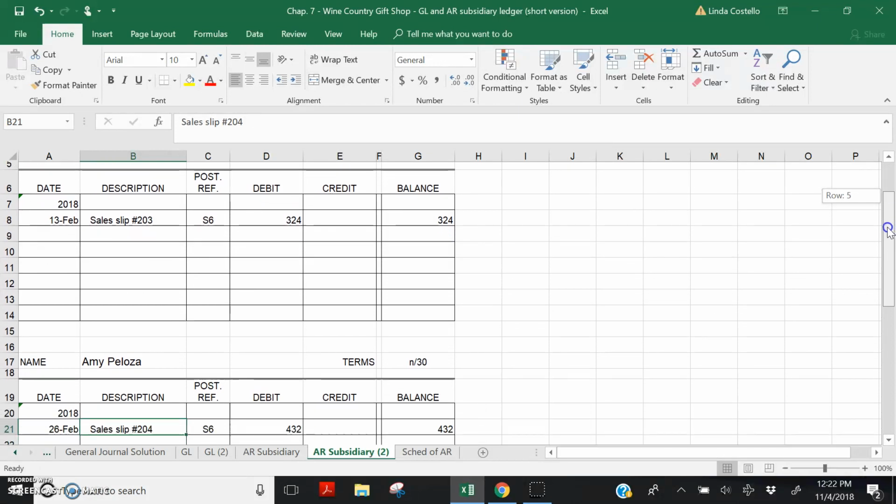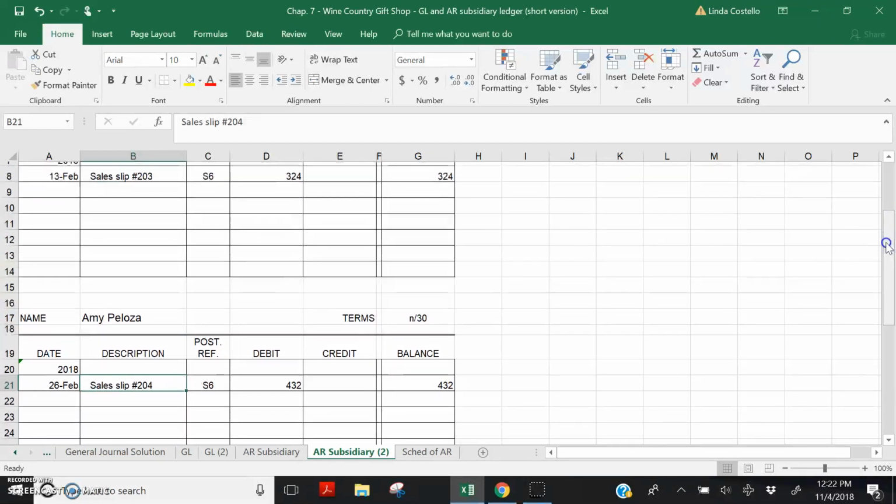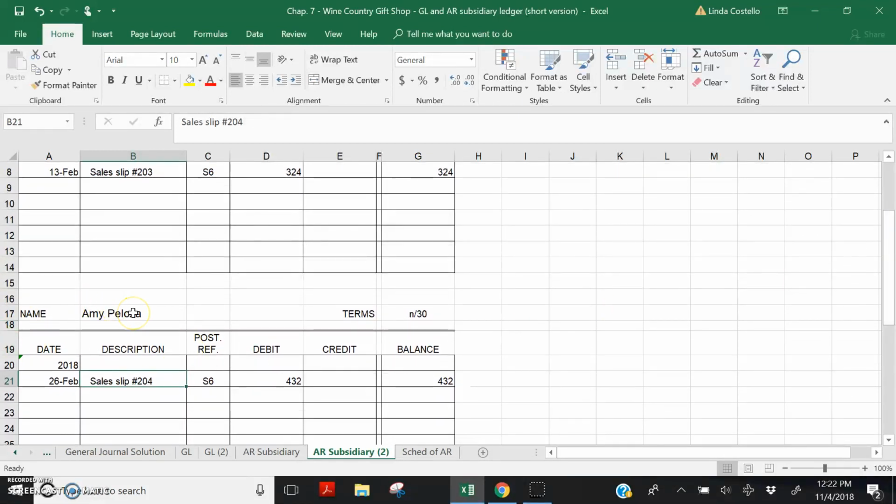The next transaction was for Amy Pelosa, date February 26th, sales slip number 204, posting reference S6, debit $432, creating a balance on her account of $432.